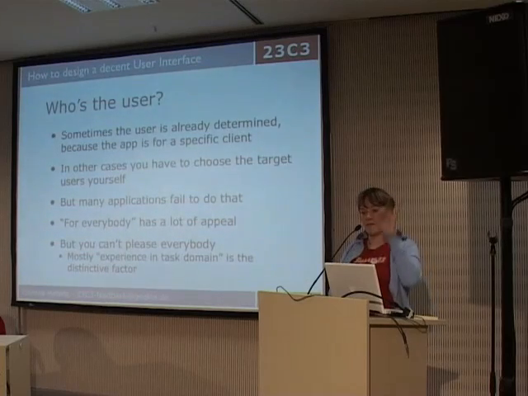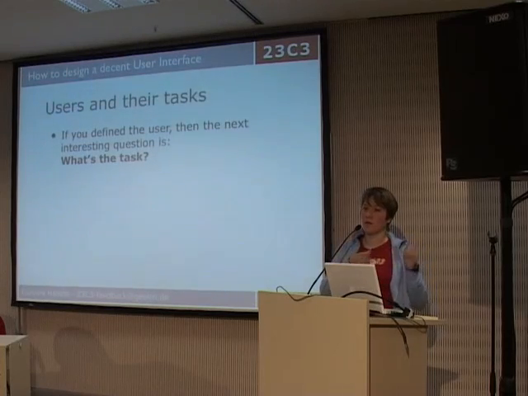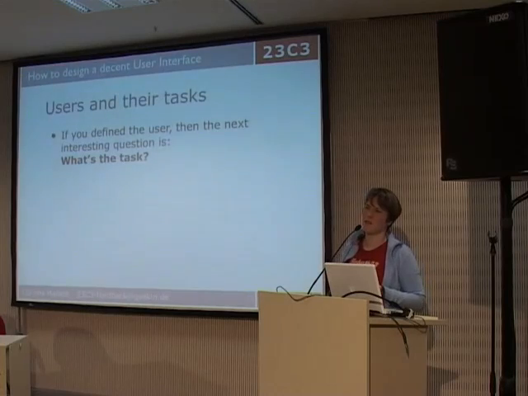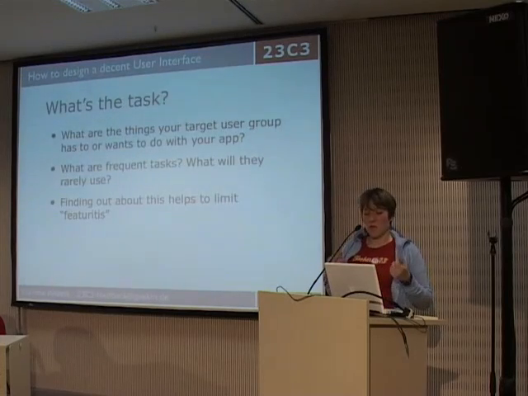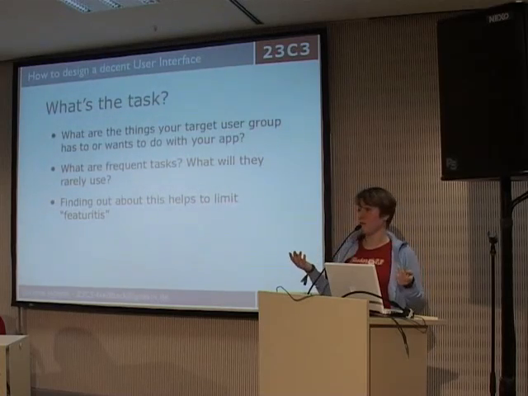That's where the trade-offs lie. So you should define who your user group is going to be. And then when you've done that, the second interesting question is, what's the task actually about? What are the things that my target users want to do with my application? Or have to do?